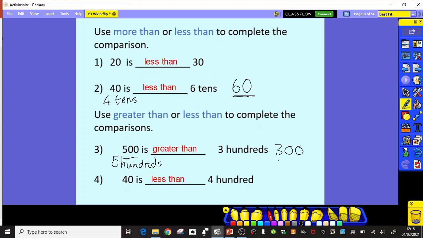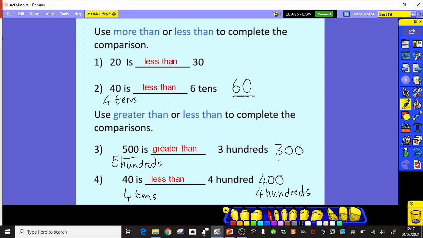And then for number 4, 40 is less than 400. If I write 400, we can see that in 40 we've got 4 tens, and in 400 we've got 4 hundreds. So 4 hundreds is bigger than 4 tens, so 4 tens is less than 400.